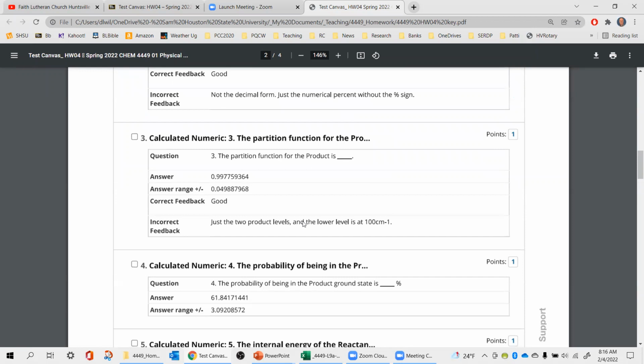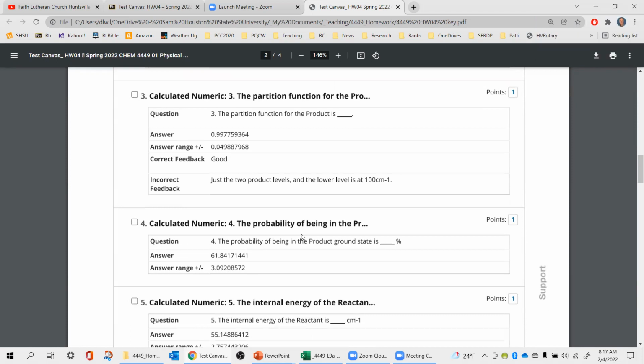For the Boltzmann distribution, for the first state I got 0.62, and that would have been a rounding for me. For the next state, I got 0.38, and like I said, that could have been rounding. And so the 0.9979, I think that's what I got, because I did a rounding. So that makes sense.